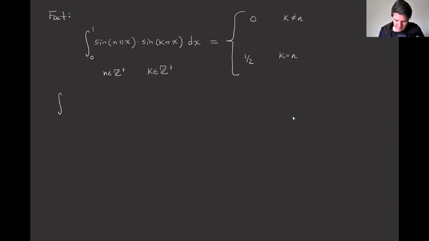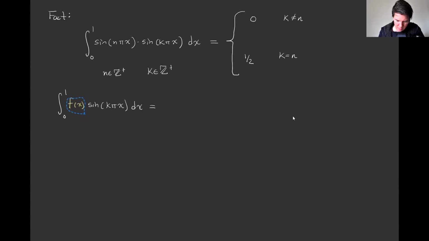If we take the integral from 0 to 1 of f of x times sine k pi x with respect to x. I'm going to highlight this f of x in another color.